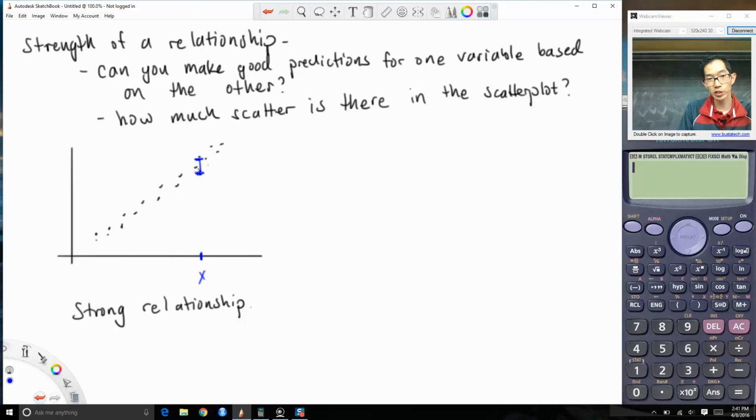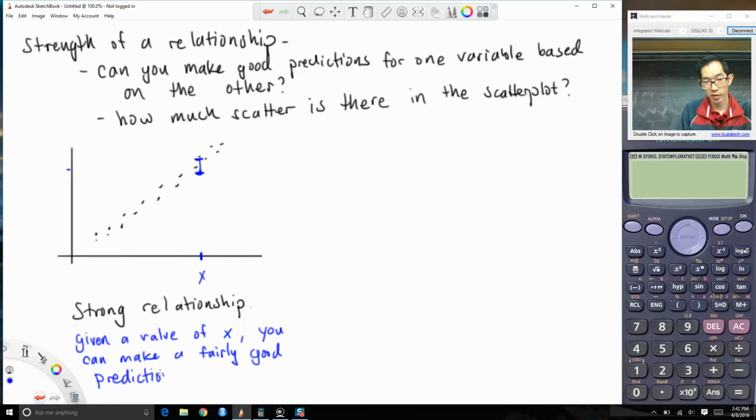Your predictions for y would be in this kind of small range here. So given a value of x, you can make a fairly good prediction for y. Okay, we also see low scatter, right?